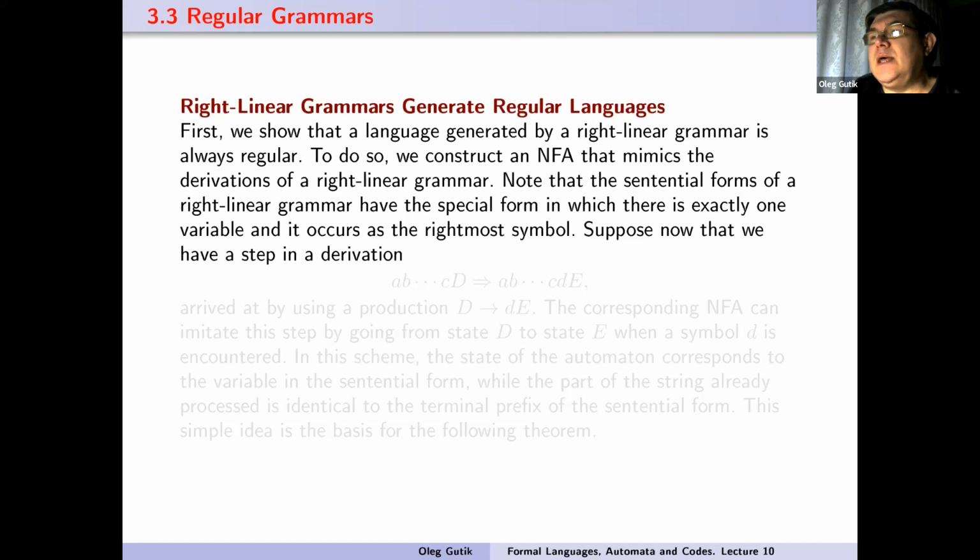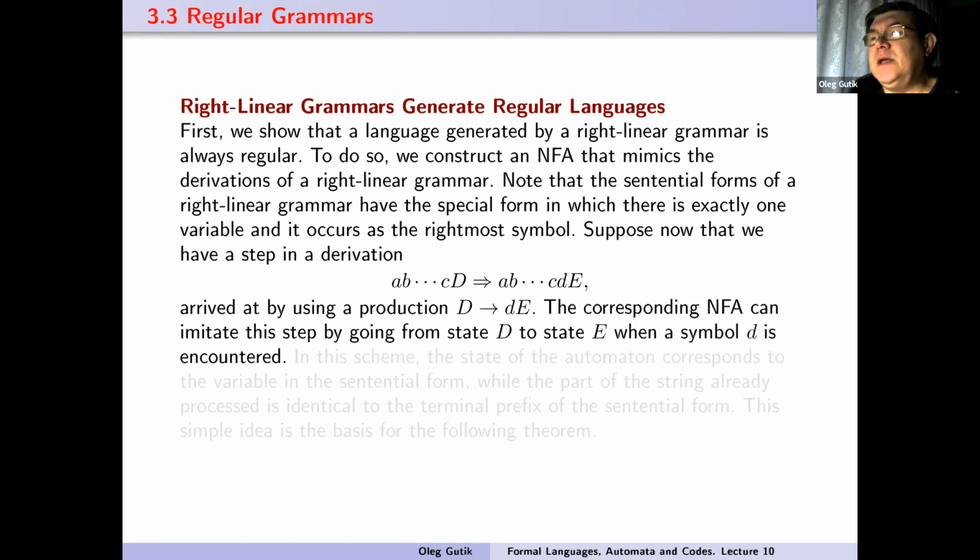Suppose now that we have a step in a derivation, ab...cD into ab...cdE, arrived at by using the production D into dE. The corresponding nondeterministic finite acceptor can imitate this step by going from state D to state E when a symbol d is encountered.